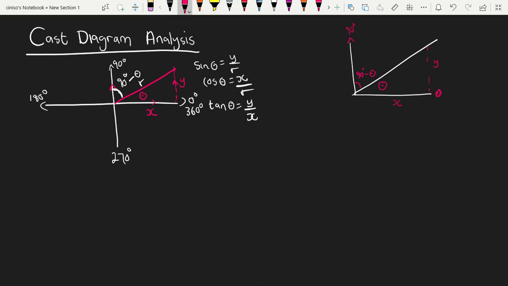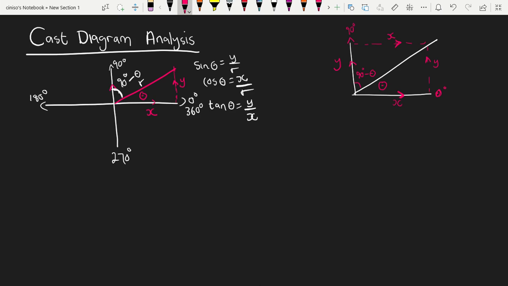So now the most important thing here is to identify the trig ratios of 90 degrees minus theta. So you know that because your base here is x, it means that here it's also x, right? This line and this line, they are parallel, making that x, and this one here of y is also parallel to this one, making this y.